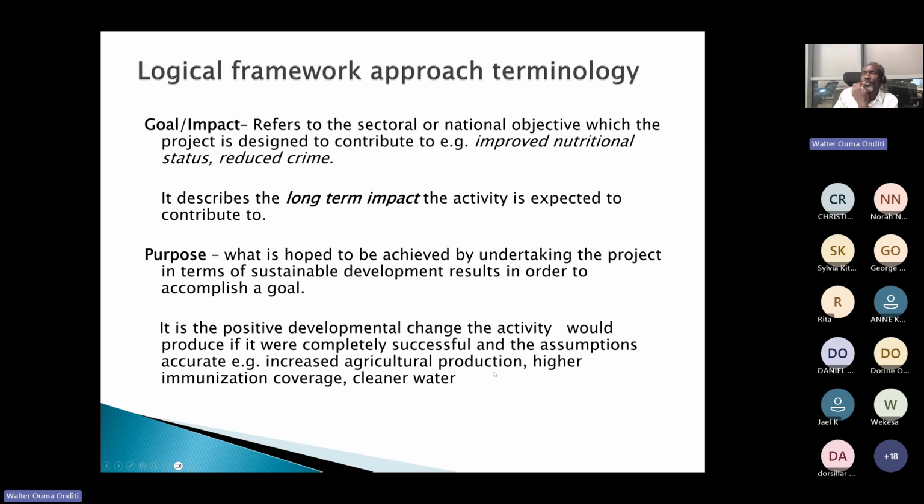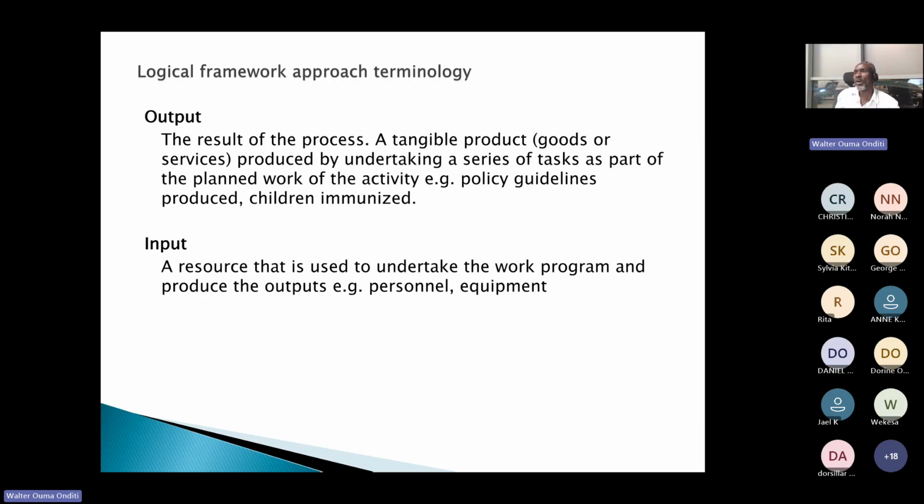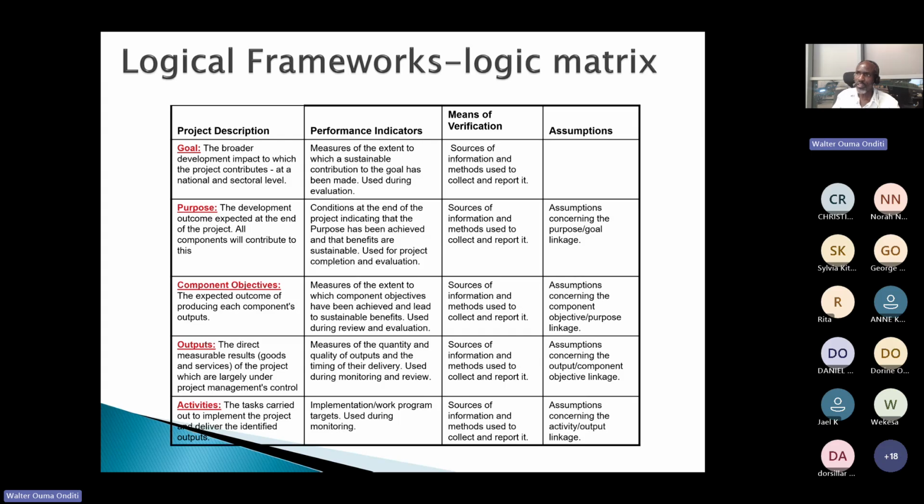So look at this. More or less again repeated, but now bringing it to that particular terminology. We have defined the goal, we have defined the purpose, so let's not repeat it. But again, let's look at our own example, how it fits into the framework. All this we have talked about, and then eventually these examples.